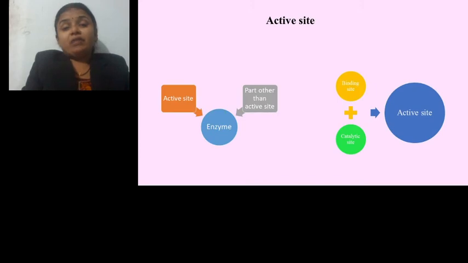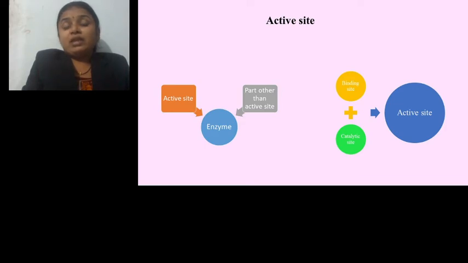Then the total area of the enzyme can be categorized as the part other than the active site and the particular active site. Here the active site again can be categorized as binding site and the catalytic site. Active site has some amino acid residues which can bind with the chemical groups of the substrate, and these come under the binding site.